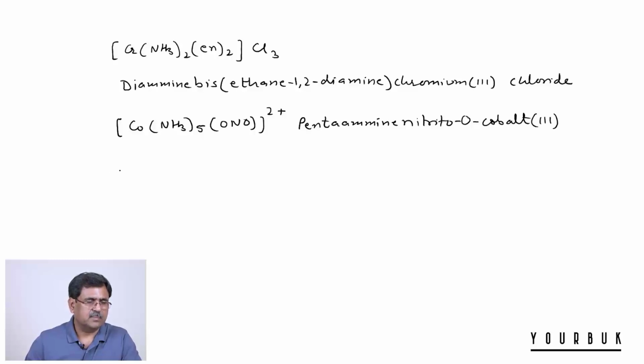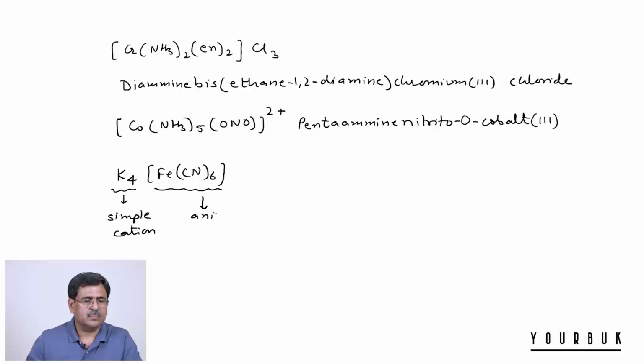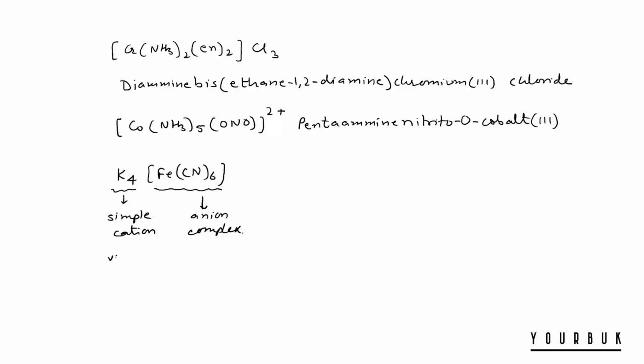We take one more example now. Suppose you are given this, K4[Fe(CN)6]. Now in this case, the anion is complex and the cation is simple. Now, rule number 6 is, when the anion is complex, then the metal name ends in -ate.